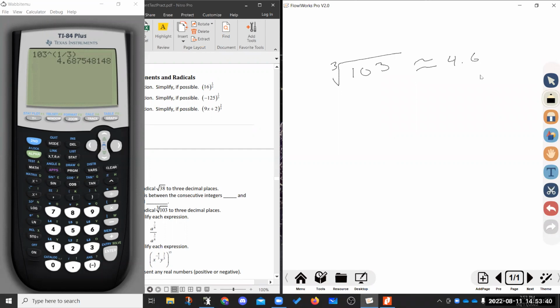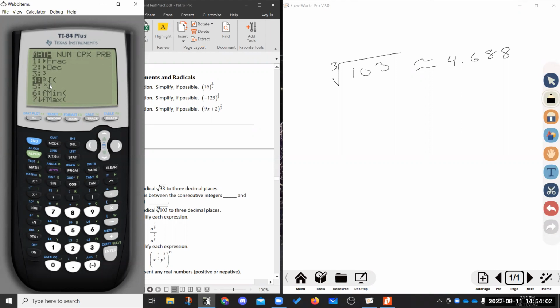4.6, it says to round to 3 decimal places. 4.688, because the 75 is going to round up to 8. Okay, so if I put in, this one puts things in first.